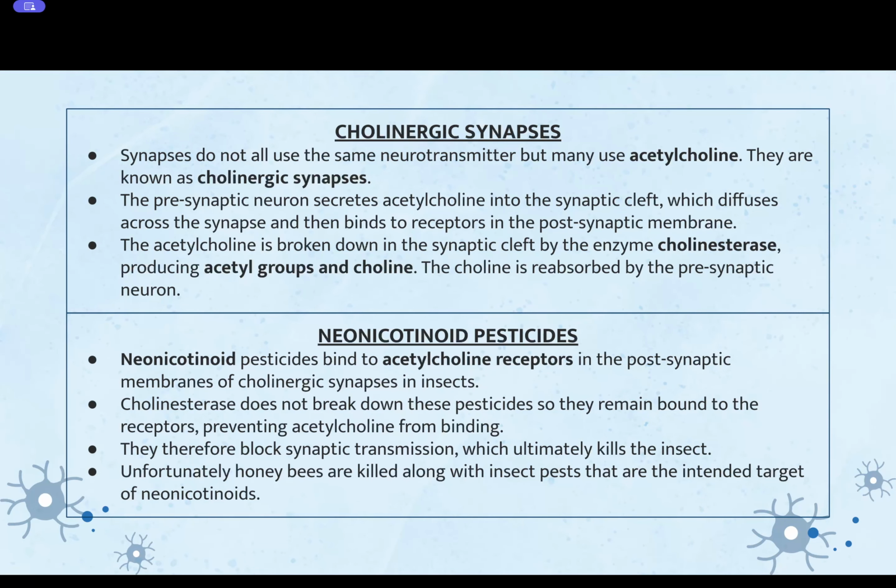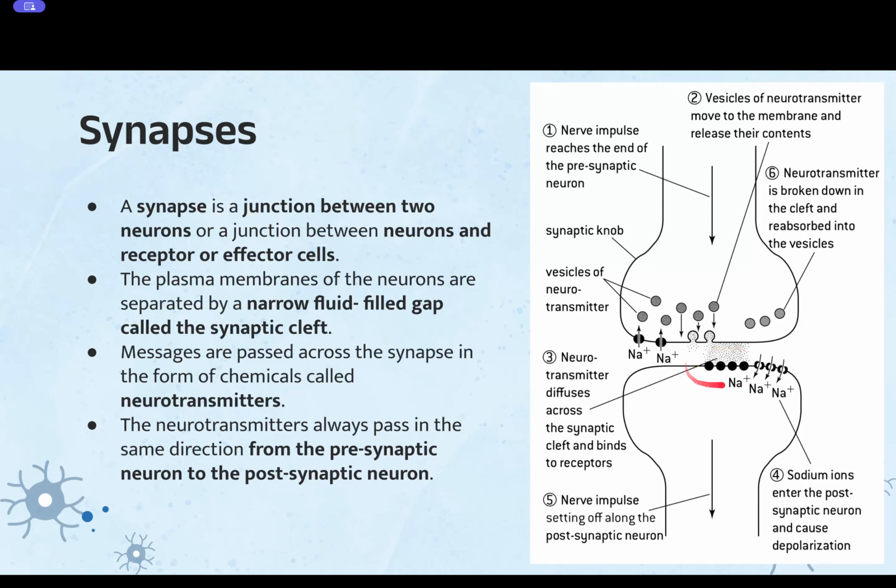If you look at the receptors over here, these are the receptors that accept the messages from the neurotransmitters. But these receptors bind with neonicotinoid pesticides and prevent the binding of the neurotransmitters.